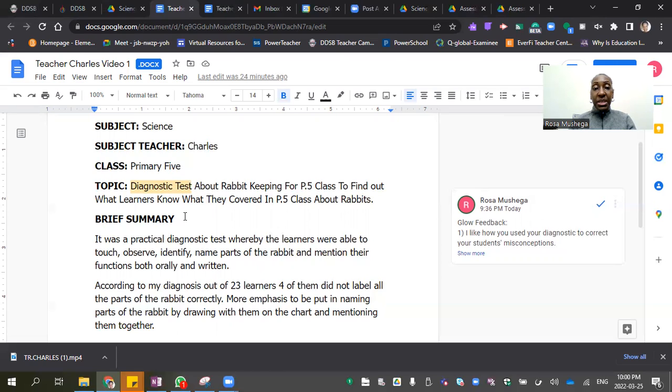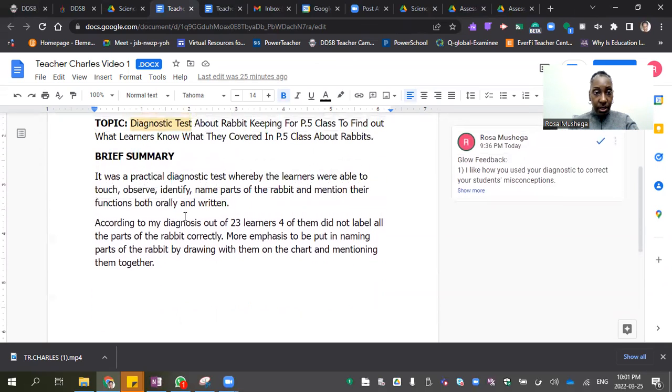You're trying to find out what they know about rabbits, and your topic is going to be about rabbit keeping. So you want to find out whether they know the parts of a rabbit and whether they can label a rabbit and draw a rabbit. So that's what I assume the diagnostic was about, okay?